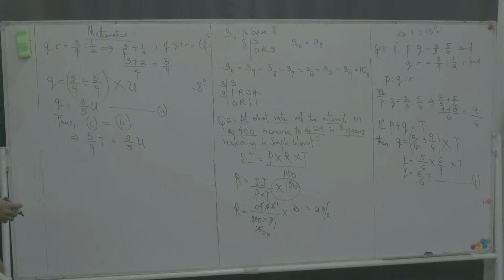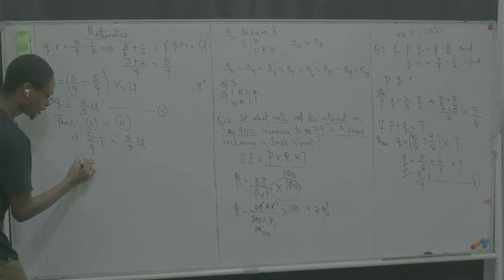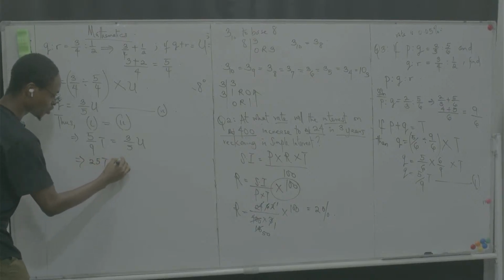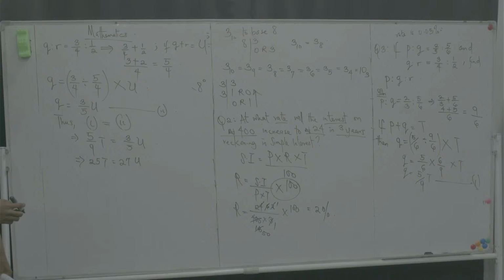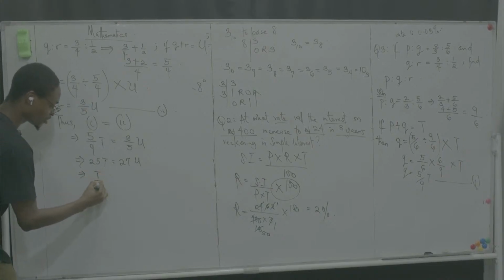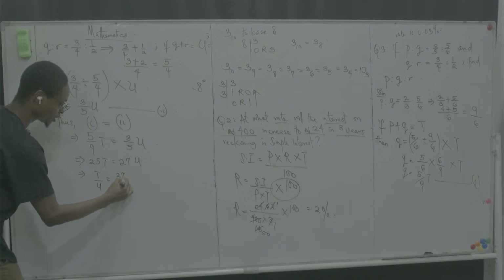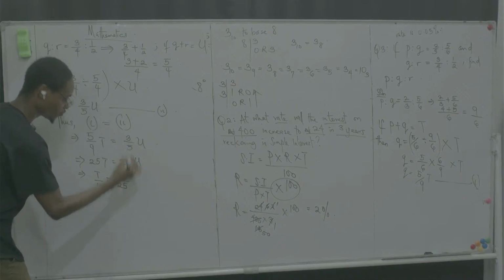Abi? Now, if we cross multiply, we'll have 25T will be equal to 27U. Are we good? So what does that mean? It means that T/U will be equal to what? 27/25.